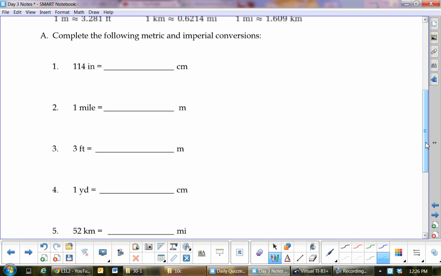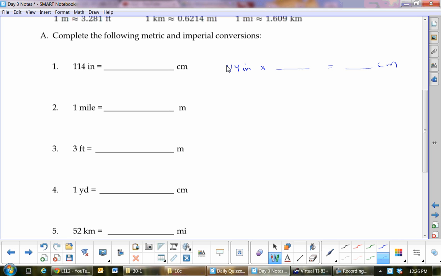Oh, fun. Okay, now how would you change 114 inches to centimeters? This is a nice easy one. We'll start off with a nice easy one. So I write my 114 inches, and I've got to times it by something that will give me so many centimeters. So remember, I've got to kind of serve two masters here.